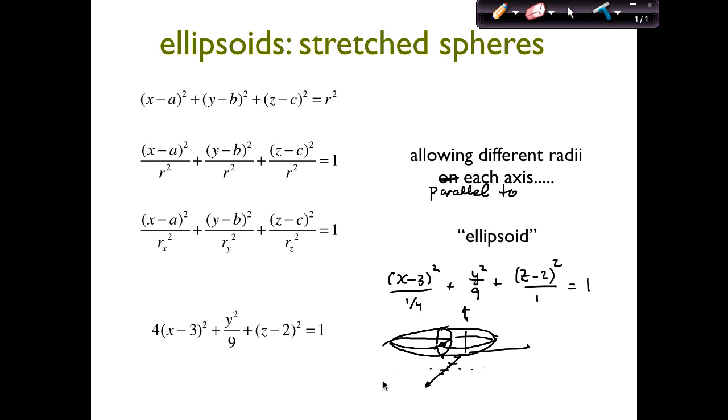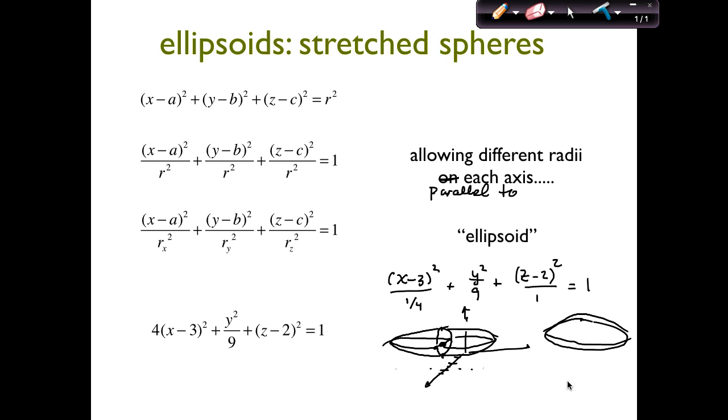So stretched mostly in y, smushed in x, from a radius 1 sphere with a center of (3, 0, 2). So like a pill.